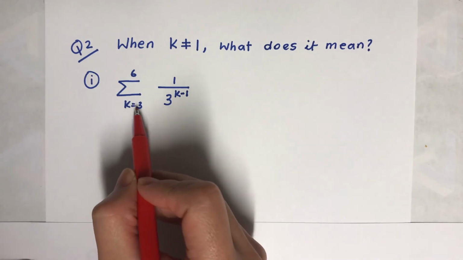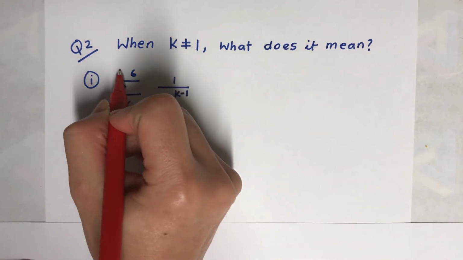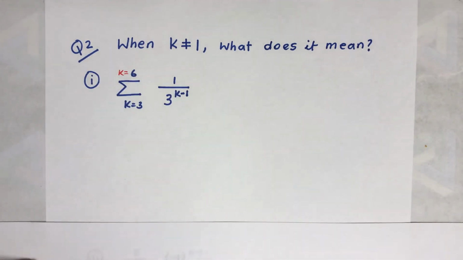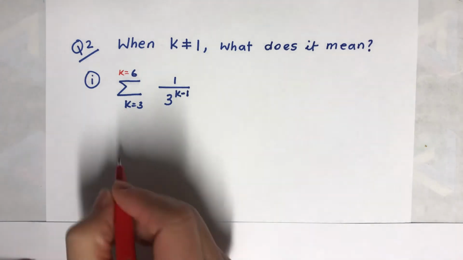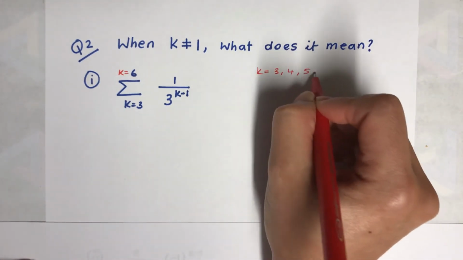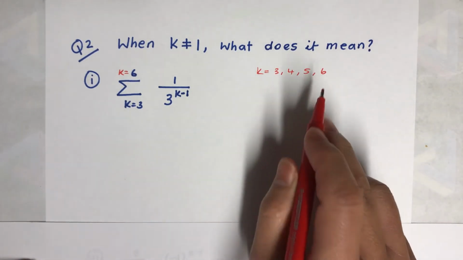So k equals 3, that's the first term, okay, and it goes up to k equals 6, that's what it means. So it'll be k equals 3, 4, 5, 6. So there's 4 terms there, okay, you're going up to that.